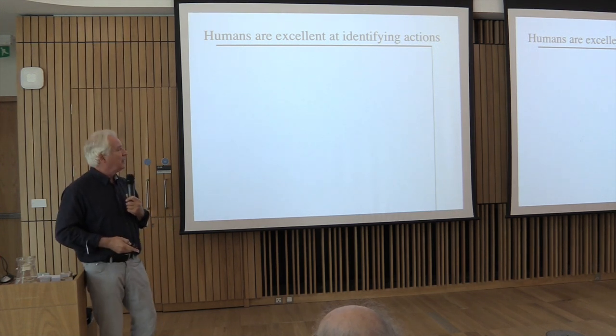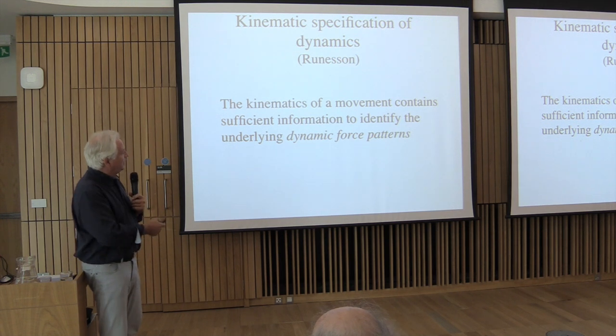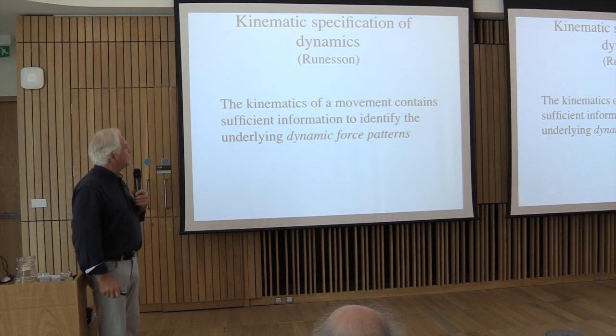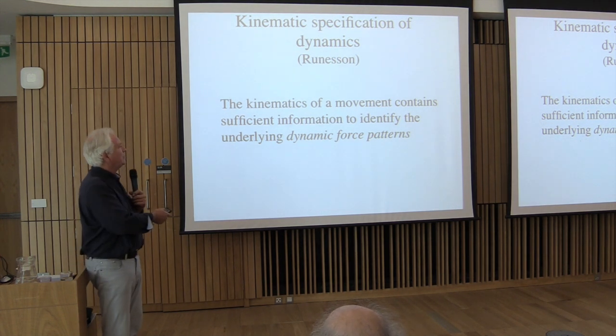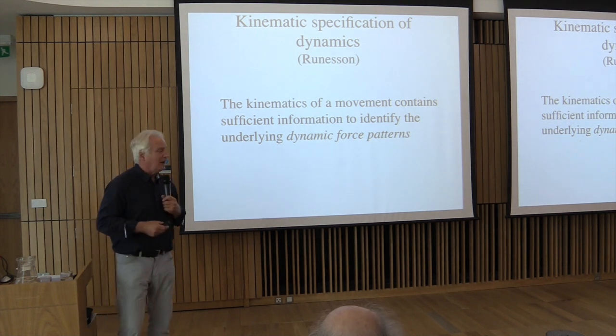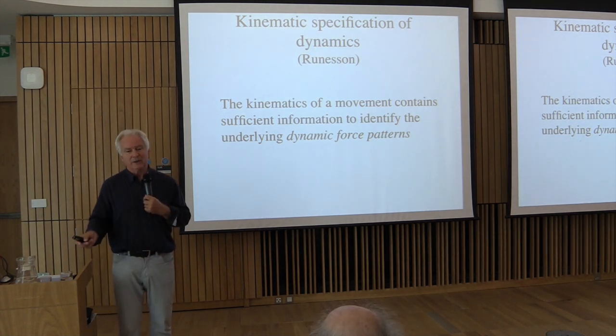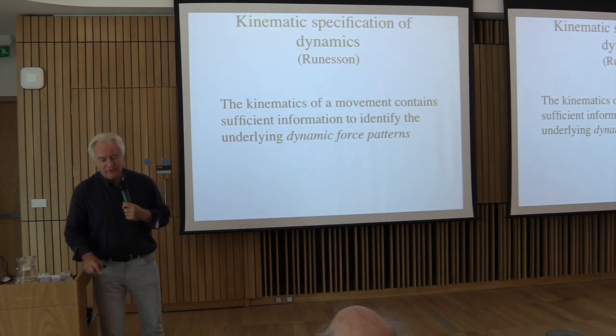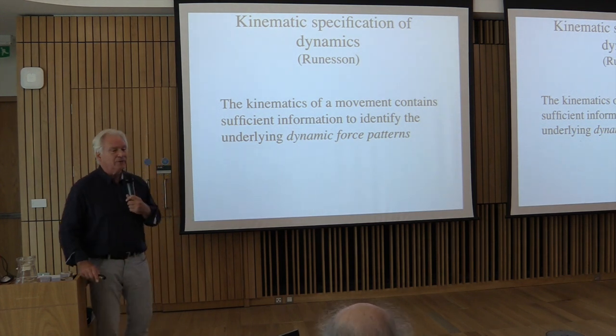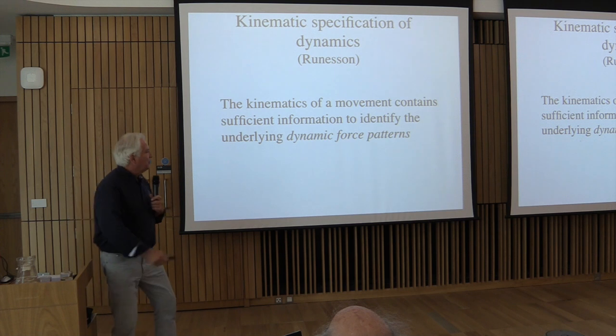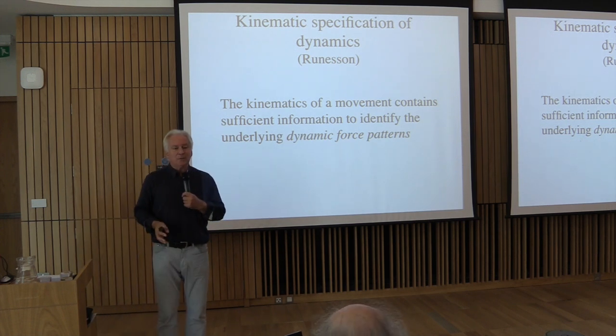So how do we do it? Well, this is one of Gunnar Johansson's students, Sverker Runesson. He says that the kinematics of a movement contains sufficient information to identify the underlying dynamic force pattern. Runesson is a Gibsonian, and this is part of his Gibsonian ideas. But the important thing is that we don't see the movements.